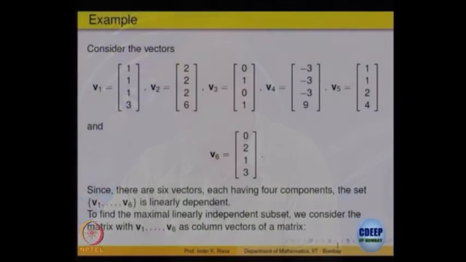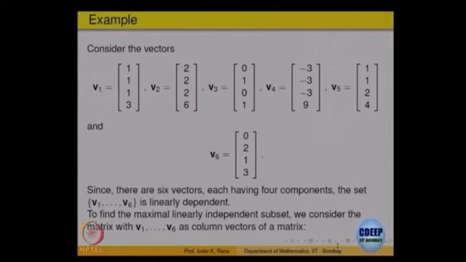So, what is the process? I take these vectors v1, v2, v3, v4, v5, v6 and make them the column vectors. So, the algorithm is the following. I will put these vectors as the column vectors and form a matrix A. Now, I want to find out which ones are linearly independent.